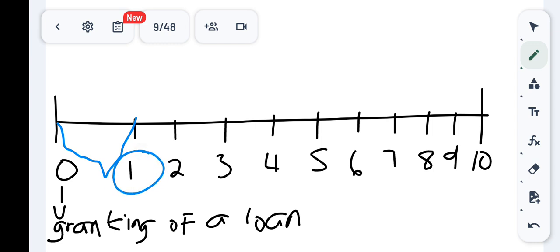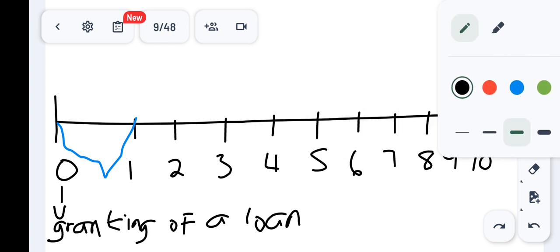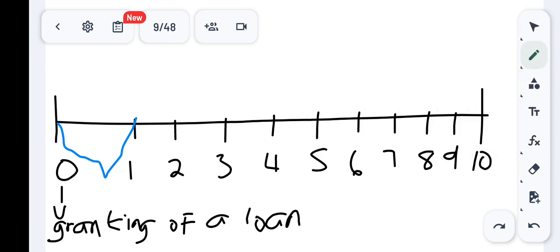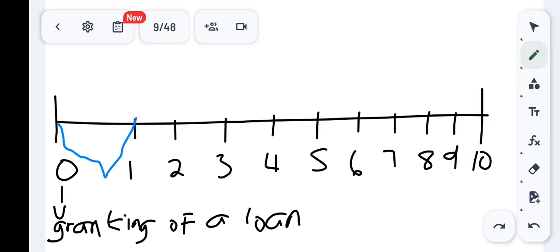And what if the question says repayment is done in 3 months' time? I will start to repay at T3, not T0, it's T3.